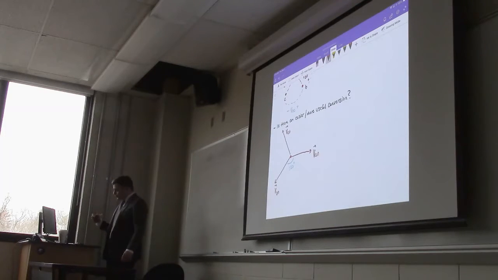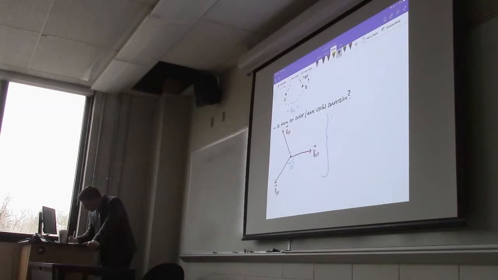Okay, so now let's try to draw VAB. So that's equal to, like we said before, VAN minus VBN.